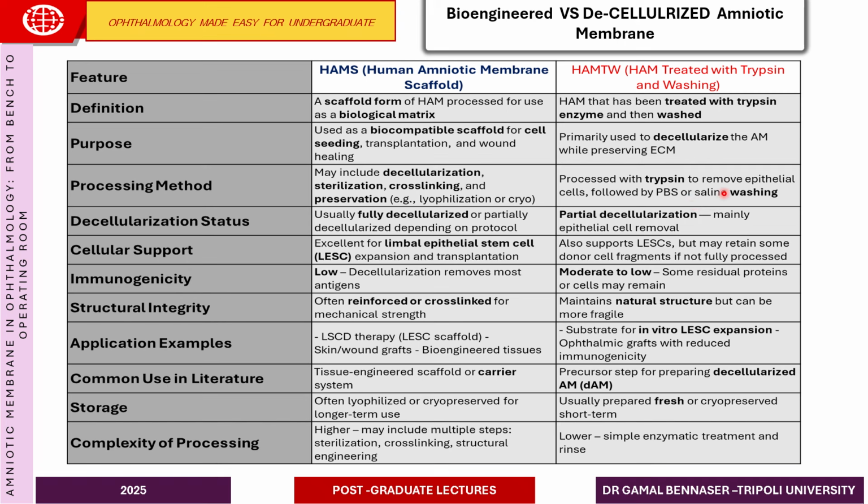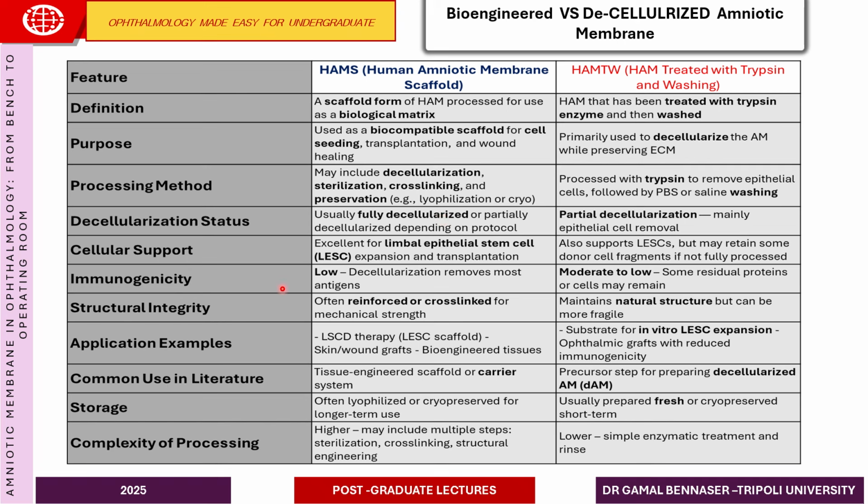So there is no cross-linking in this variety of human amniotic membrane. Now, as far as the decellularization status, both of them will have decellularization. However, this one has full decellularization and this one partial decellularization. As the decellularization is maximum here, this ensures that there is no immunogenicity. However, this is a partial decellularization.